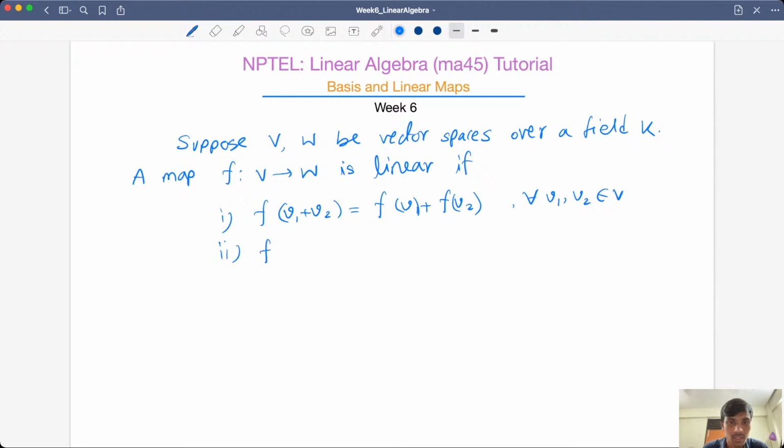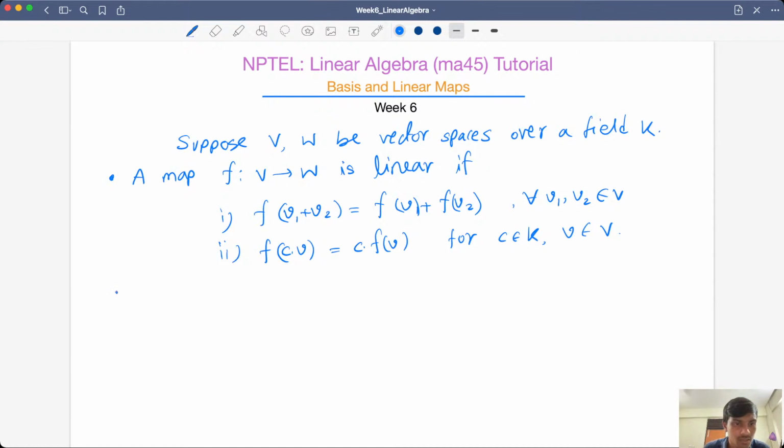So if I take f of c v, this is the same as c times f of v, for c belonging to your field K and v belonging to the vector space V. If these two hold, then we call the map a linear map.